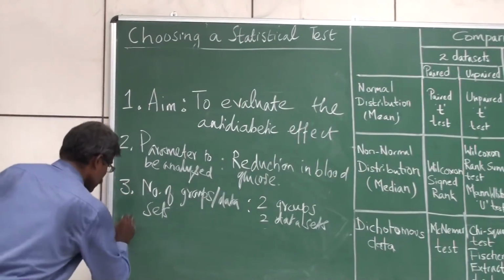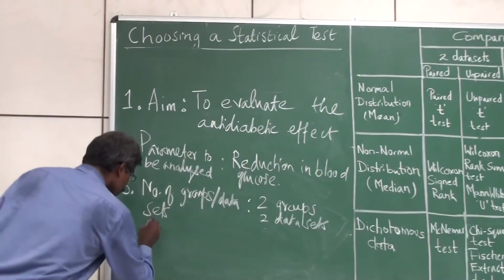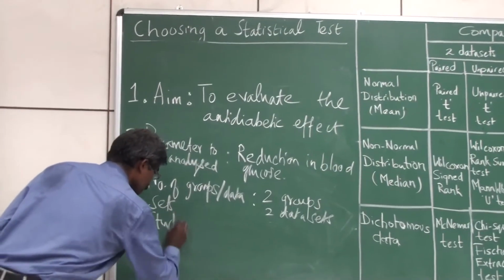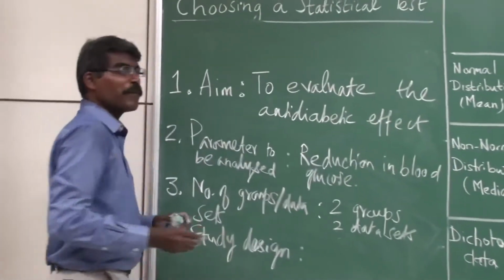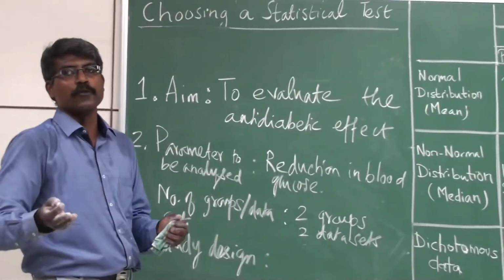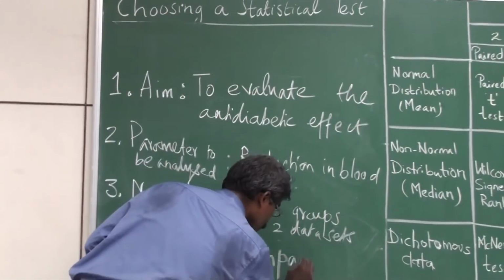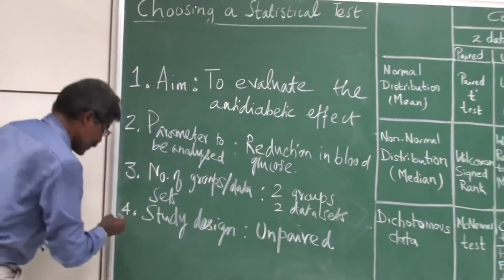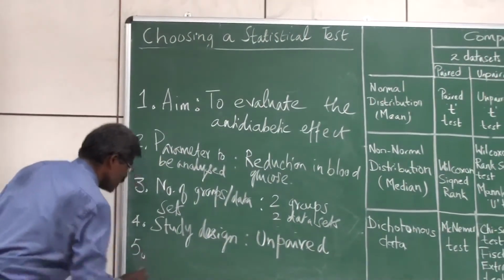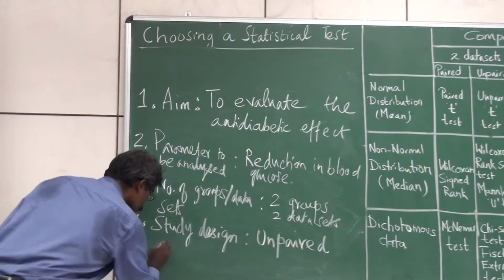The fourth step which you need to do is: what is the study design? What is the study design in this example? They are totally 2 different groups. So it is unpaired. The fifth factor, as we have seen, we need to see what is the type of distribution.